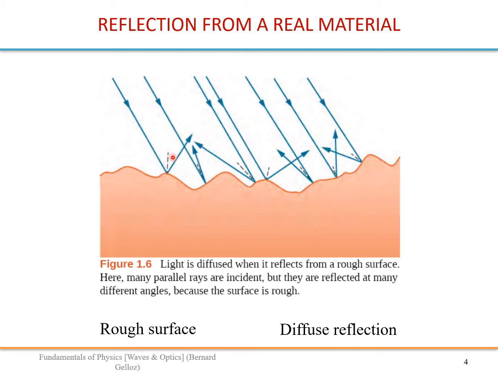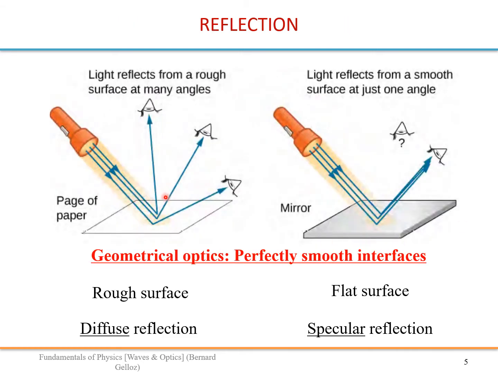So this angle is the same as this one. Let's take another one. This one is not so nice. That one. You see the normal is perpendicular to the surface. So that ray will be reflected in this way. So this is represented here.